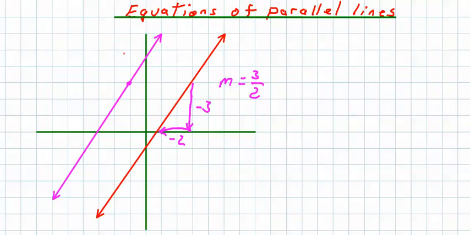We'll do it in a different color. And we'll use this point right here. Up 3, right 2. Our slope is 3/2. It should be somewhat intuitive that parallel lines have the same slope.